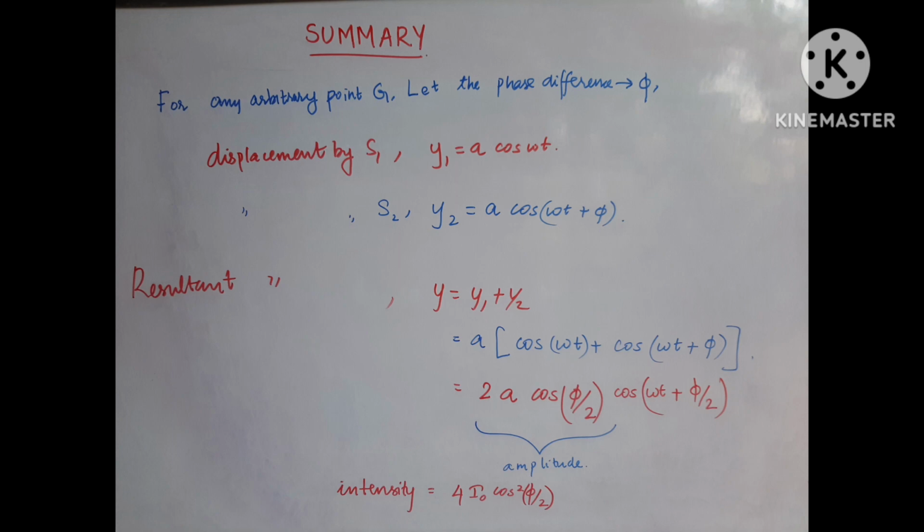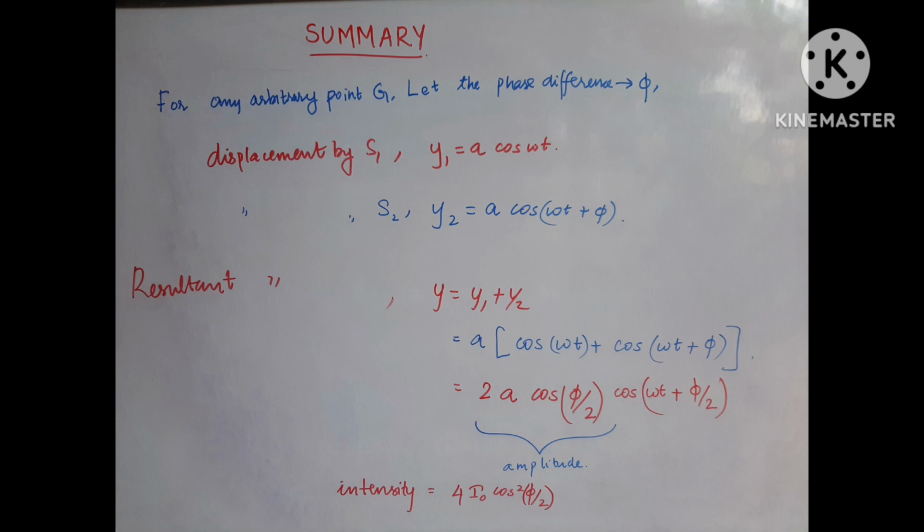Let us imagine another arbitrary point. Let the phase difference between the displacements be phi. Then the displacement produced by S1 is y1 is equal to A cos omega t, and the displacement produced by S2 is y2 is equal to A cos (omega t plus phi).